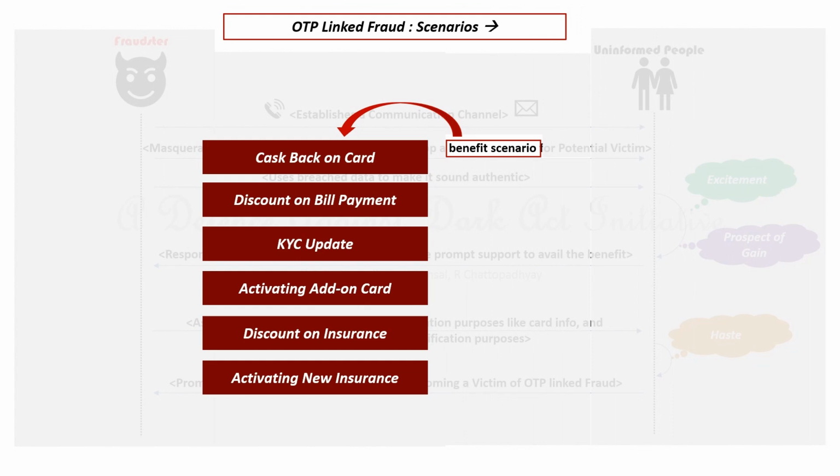So, what kind of benefit scenarios are the fraudsters usually describing to the potential victims? Well, it depends a little bit on the kind of information the fraudster might have acquired about the potential victim. There would usually be some sort of breach data that they might have acquired, or they might just be trying their luck with some generalized data, and try to describe a scenario that might usually interest a common person.